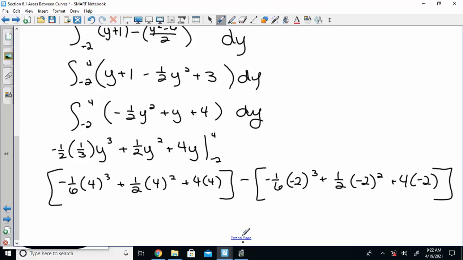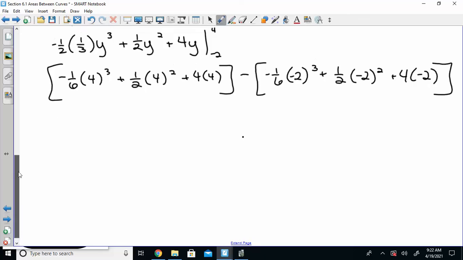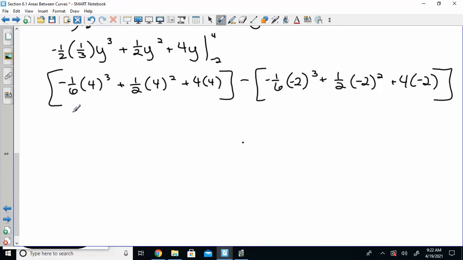Alright, this is one we could work out without a calculator, couldn't we? 4 to the third would be 64, so negative 64 over 6, or negative 32 over 3. Plus 16 times 1/2 would be 8, plus 16. Negative 8 times negative 1/6 would be a positive 8 over 6, so positive 4/3. Negative 2 squared is 4 times 1/2 is 2.